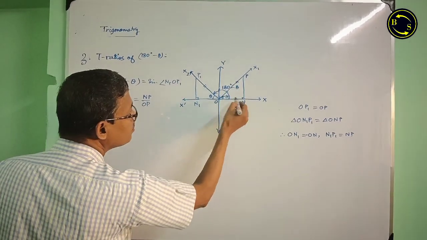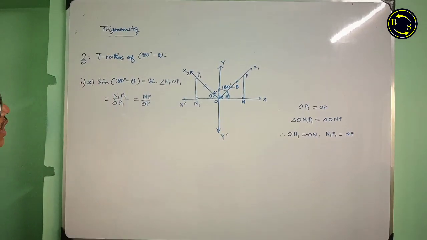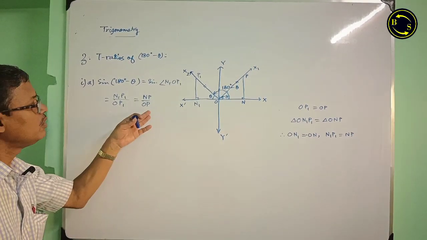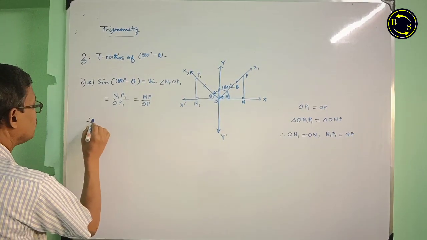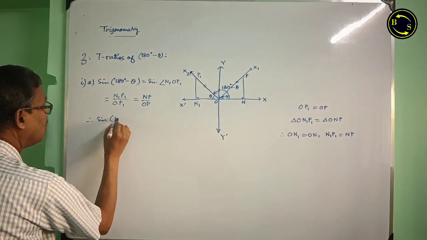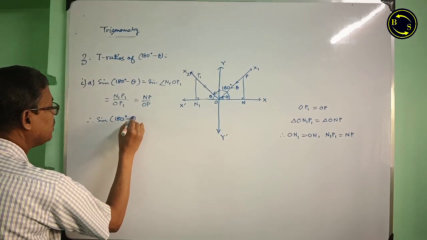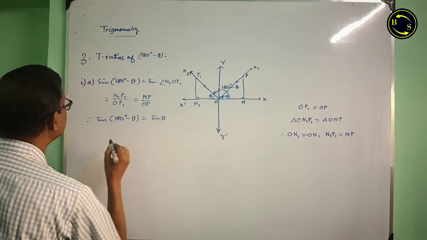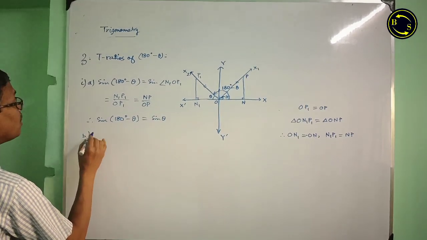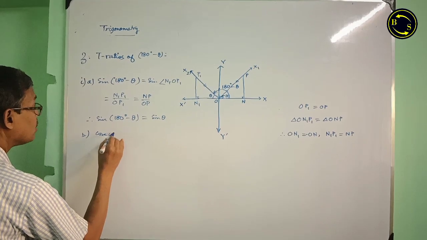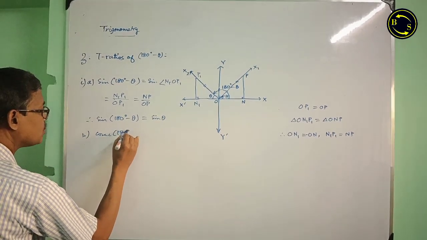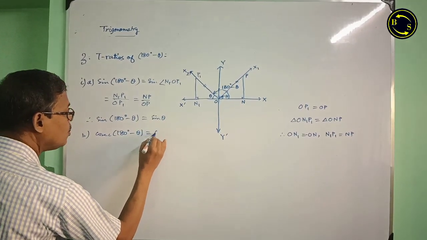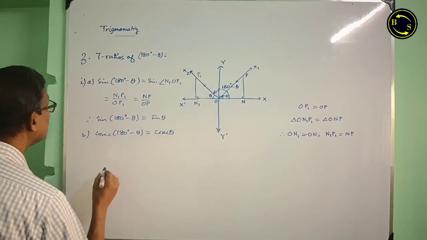Now, if we consider this triangle, NP by OP, perpendicular by hypotenuse, therefore sine 180 degree minus theta is equal to sine theta. Similarly, we can find cosec 180 degree minus theta, that will be equal to cosec theta.